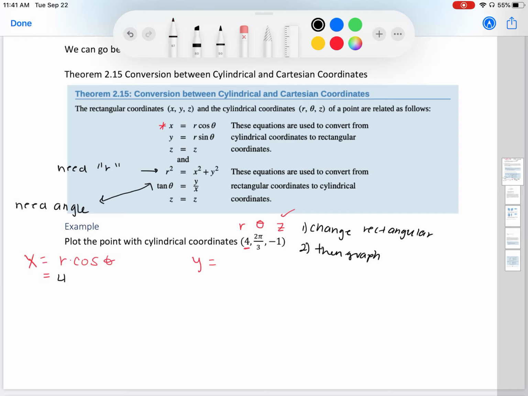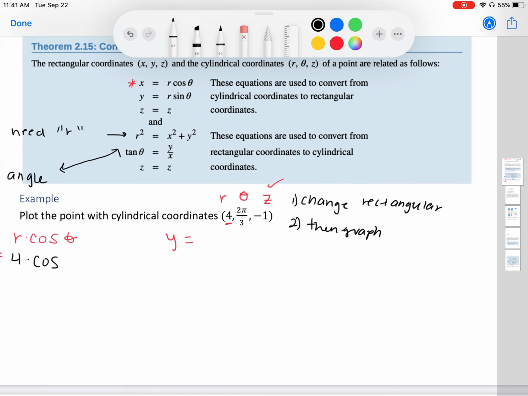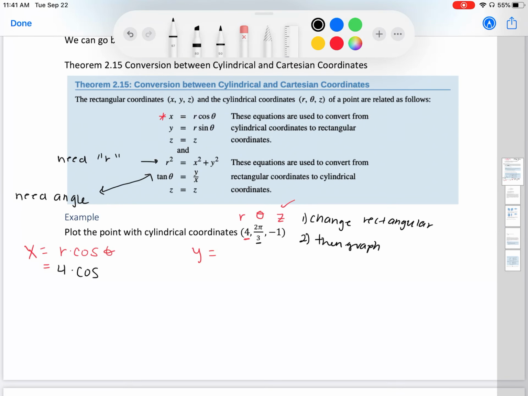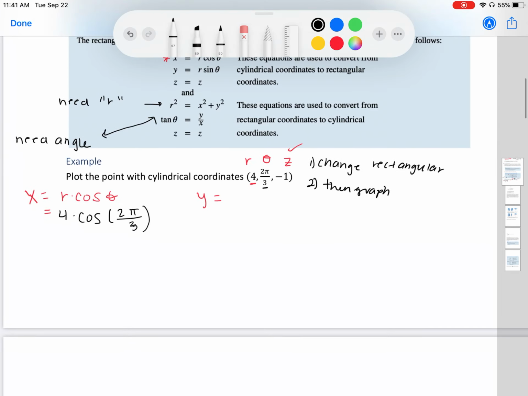So we use 4 times cosine of the angle theta, which is 2 pi over 3. This is why having a unit circle handy is useful. You can easily see or remember that cosine of 2 pi over 3 is just negative 1/2. 4 times negative 1/2, you get negative 2. That's our x.